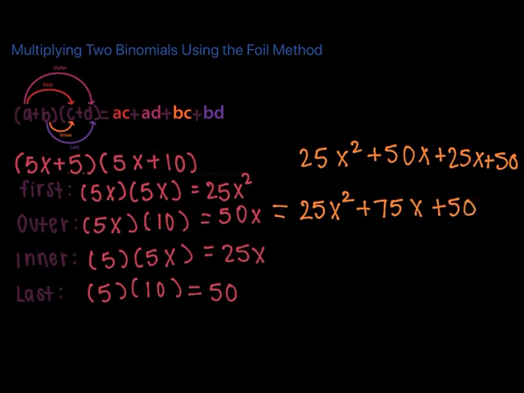So using the FOIL method, we know that (5x + 5)(5x + 10) is equal to 25x squared plus 75x plus 50.